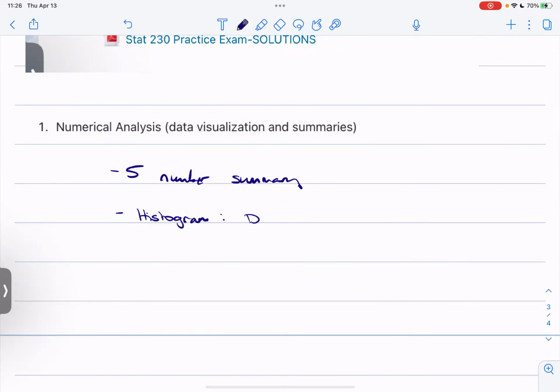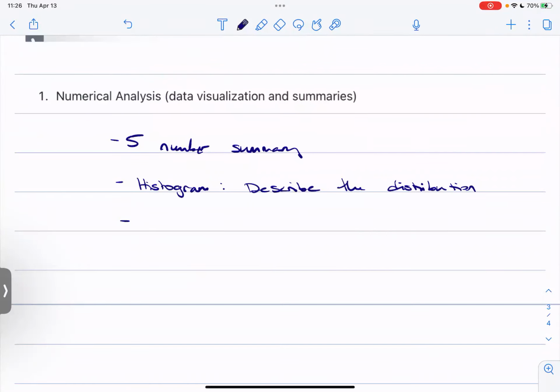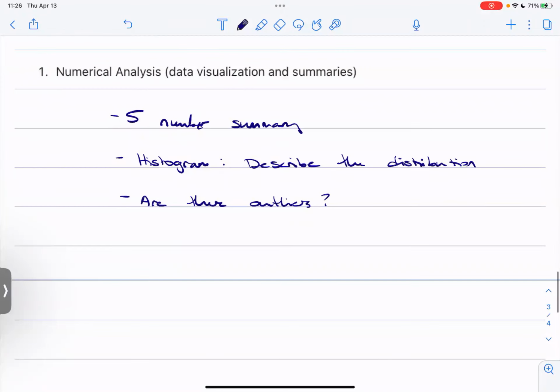From a histogram, describe the distribution. Are there any outliers? That's when you have to use the 1.5 IQR rule. And what would a box plot look like? I'll just say box plots.